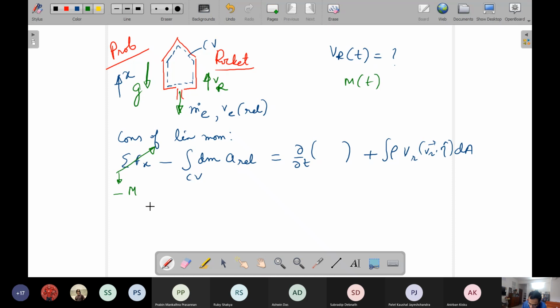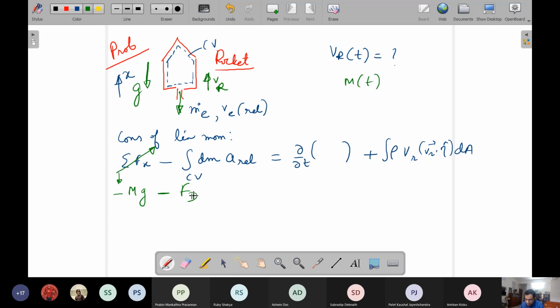So we have to remember this instantaneous mass into g, minus there is another force which is along the negative x direction. This is called the drag force. So what is the drag force? This is basically the air friction or the atmospheric friction, which is putting up a resistance against the rocket's upward motion.